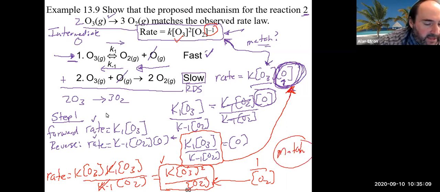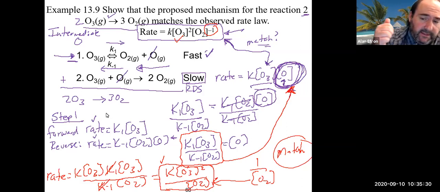And what that means is that this is a possibly good mechanism, a plausible mechanism for how this reaction could take place. Again, it doesn't mean it always takes place this way, but it is a possible pathway for how this could take place.